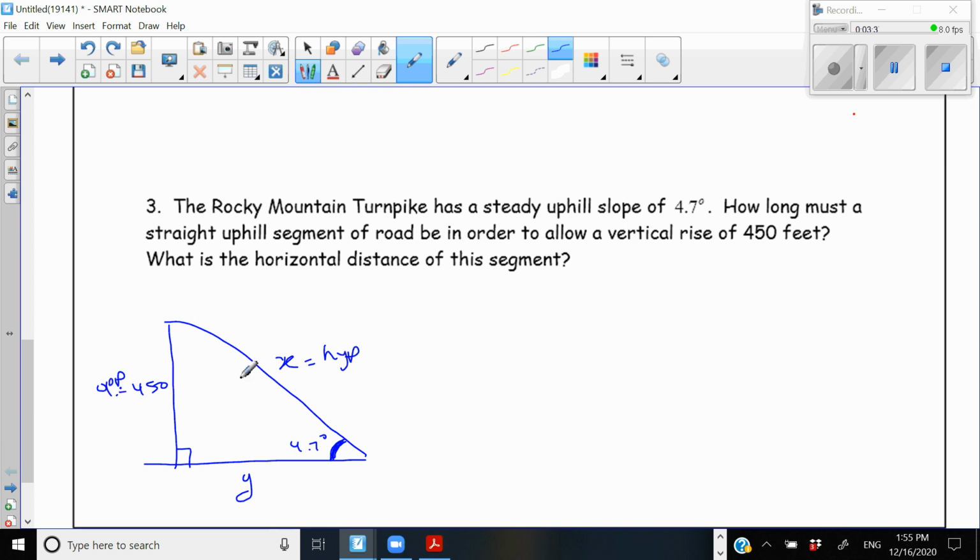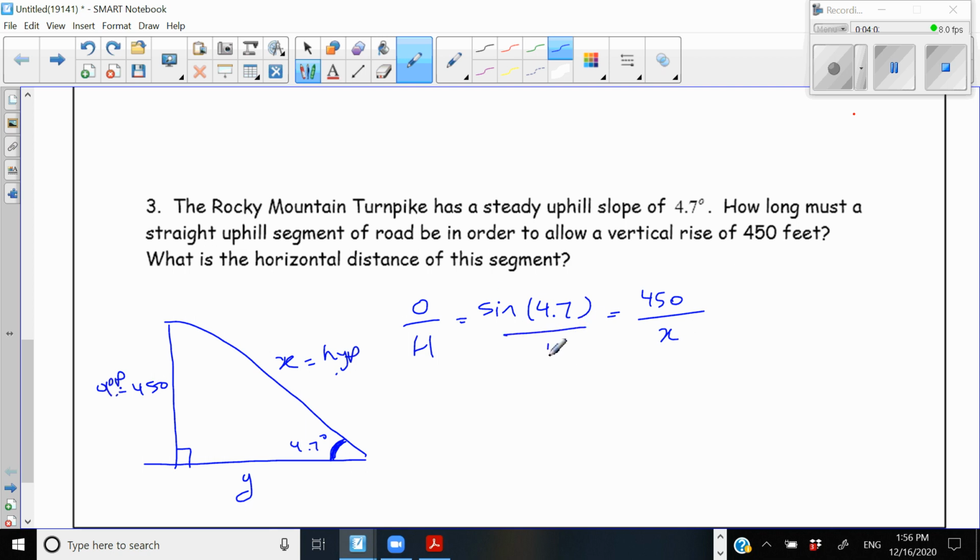So using opposite and hypotenuse, what function can I make? I can make my sine function here. Sine of 4.7, we know, is opposite over hypotenuse. What is the opposite side? It's 450. And the hypotenuse is x, that's what I'm looking for. So I made my equation.